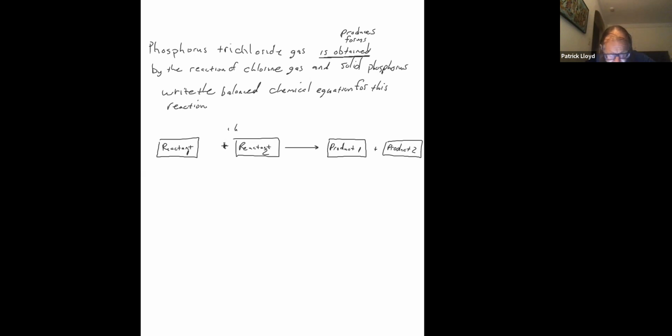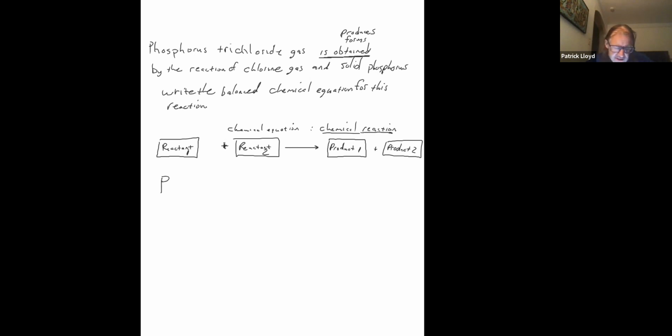This is called a chemical equation, and we're going to use it to represent a chemical reaction. The reaction is what happens in nature. The chemical equation is our representation of it, kind of like we do in algebra. So let's start with this. It says phosphorus trichloride gas. So it's telling us some information. It's telling us that it has phosphorus.